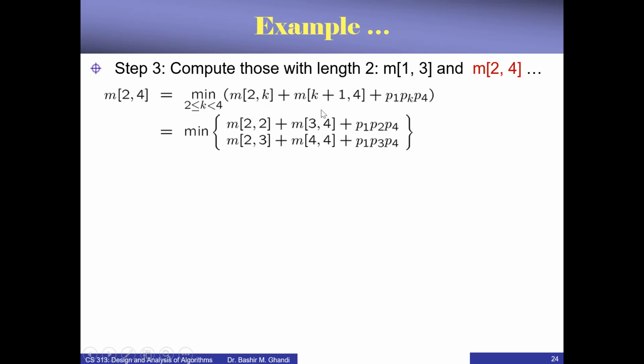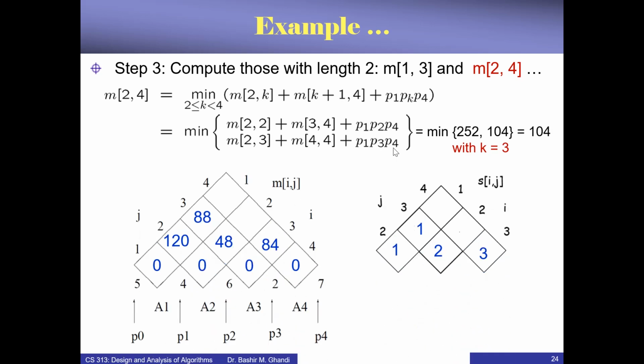So substituting in the general formula, it means you have again two options. Reading the values from your table, as we did in the last slides, you will have 258 for the first one and 104 for the second one. The second one in this case is the minimum, for which K is 3.